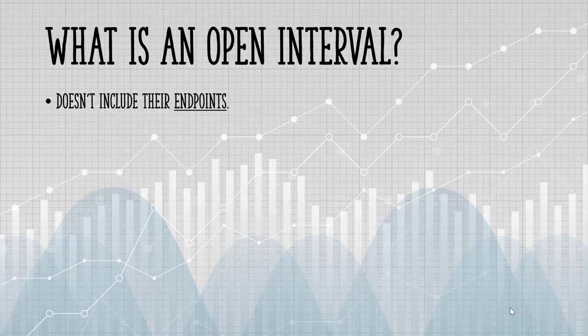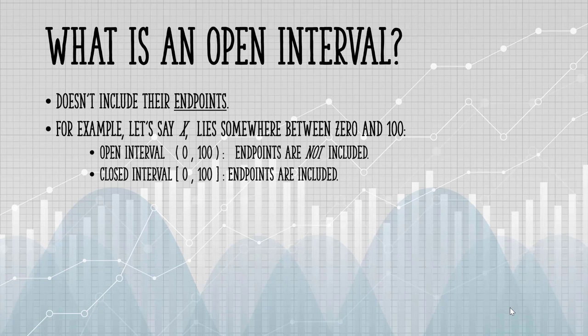Open intervals are defined as those which don't include their endpoints. For example, let's say you had a number, we'll call it x, which lies somewhere between 0 and 100. The open interval would be 0, 100 inside parentheses.